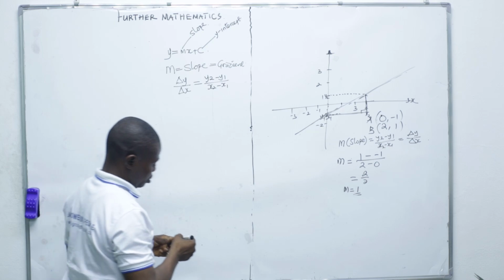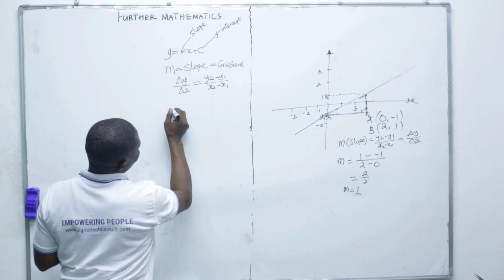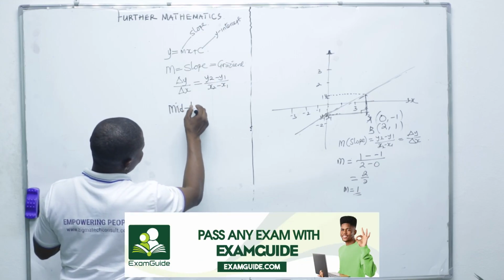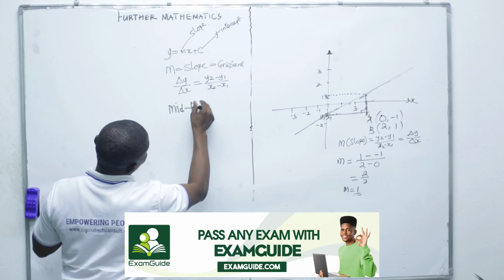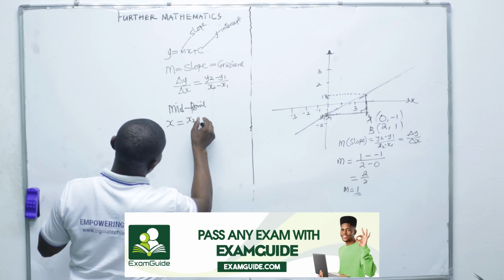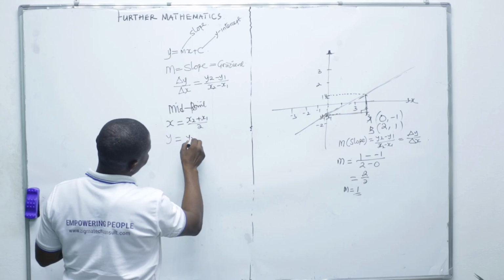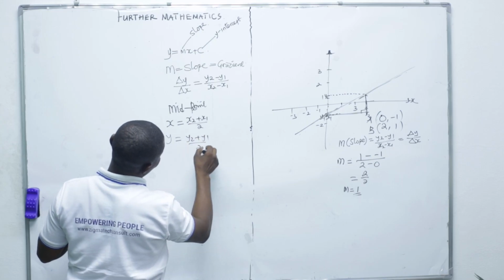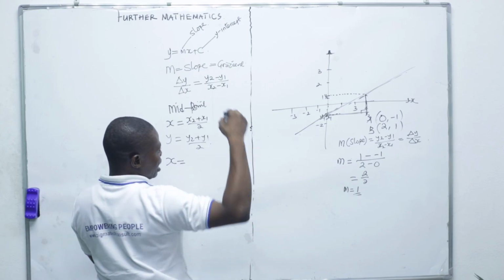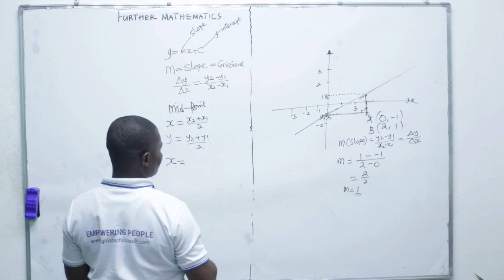So now, I have my gradient already. I will create midpoint of line segment. Midpoint, pay attention please. Midpoint is saying that x is equal to x2 plus x1 all over 2, and that y equals y2 plus y1 all over 2. So I want to get the value of x, which will now answer my x1 in formation of my equation of a straight line.